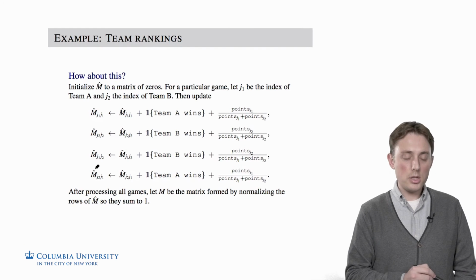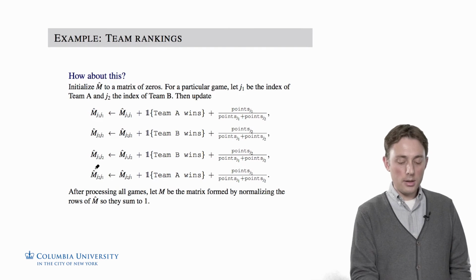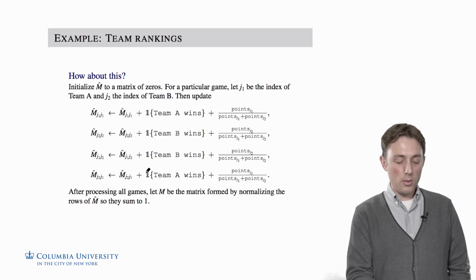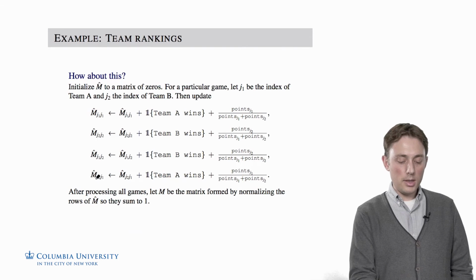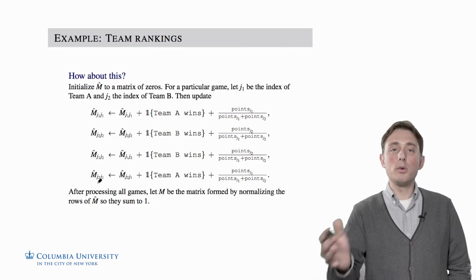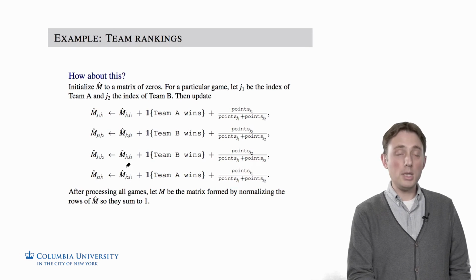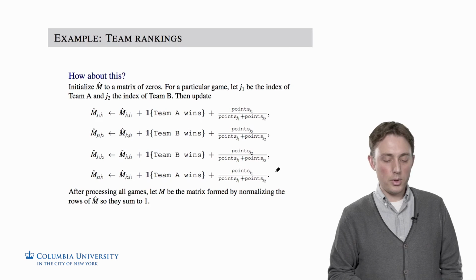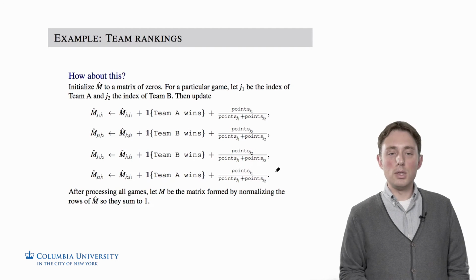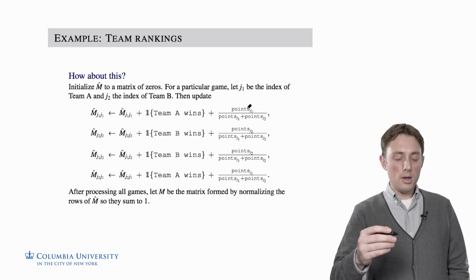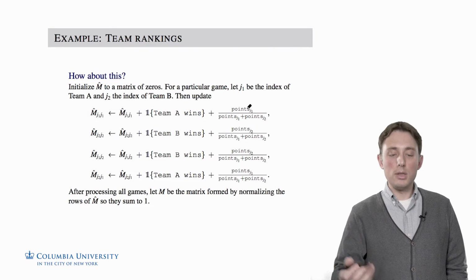And then transitioning from team J2 to J1 takes the old value, adds to it an indicator that team A, with index J1, won, which now increases the weights of transitioning from J2 to J1 because J1 beat J2, plus the fraction of points. So we just manually do this. I've made up these points, but it's a meaningful Markov chain where now we tally up all of these points.